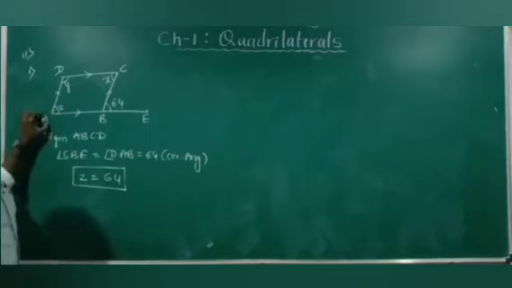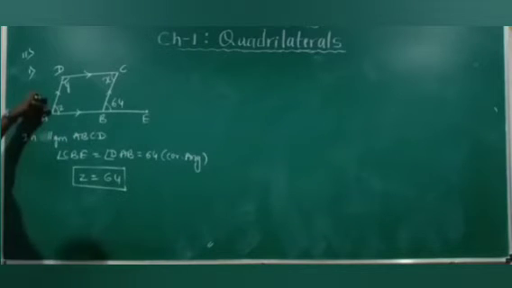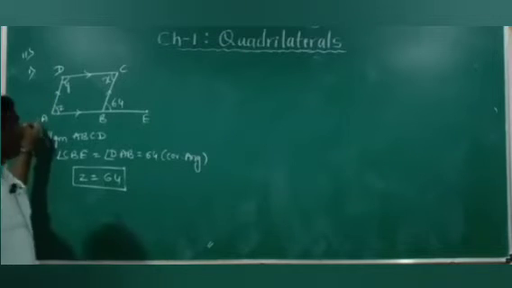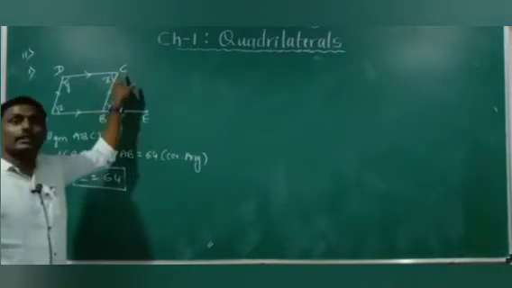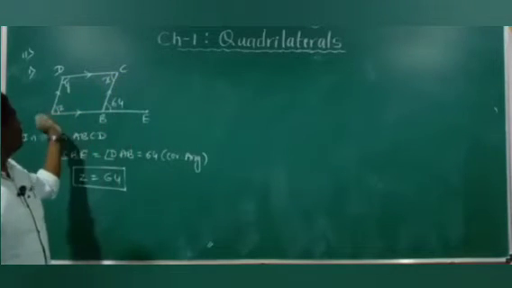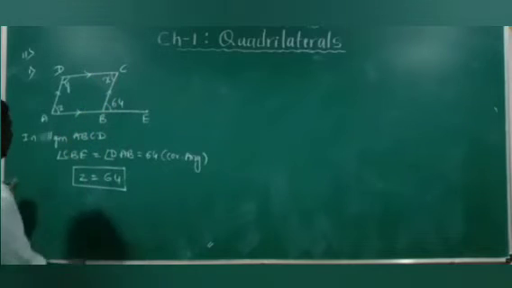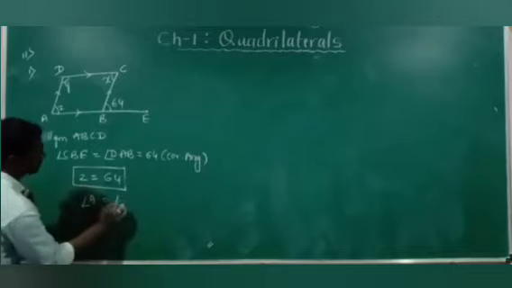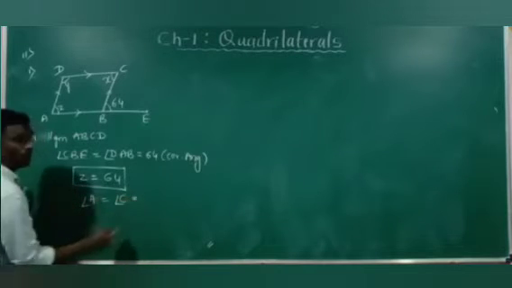Z indicates angle A. Angle A is opposite to angle C, so angle A and angle C are both 64 degrees.